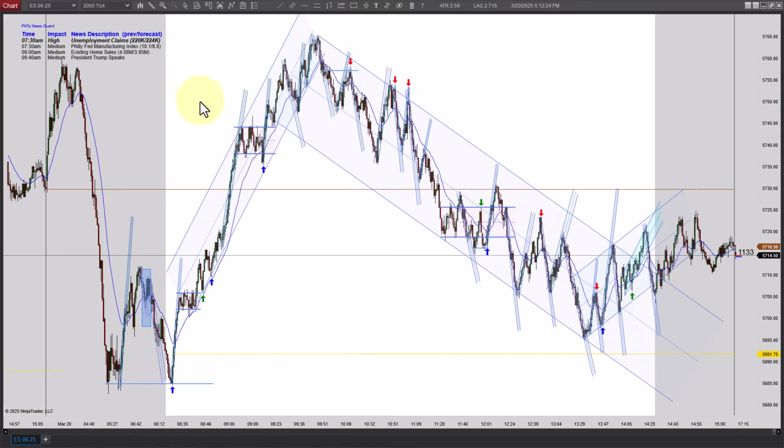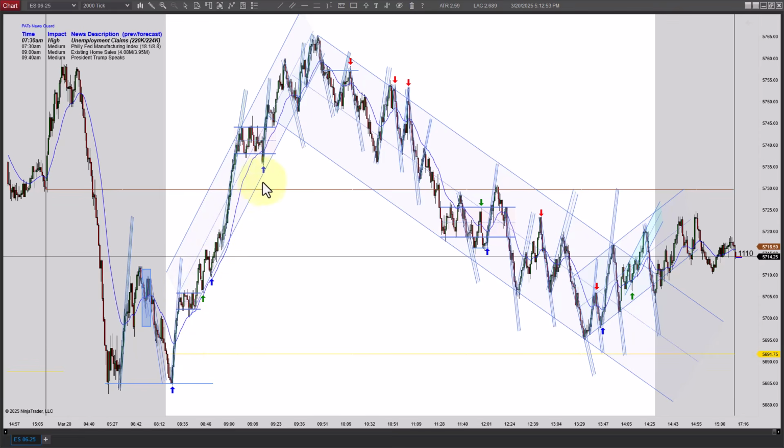Let's flip over, and here it is at a high level. You can see we had the big sell-off early during the overnight. Pretty much the whole overnight was a sell-off, and we had some news come out: the unemployment at 7:30. We also had some housing sales and things like that come out, but anyway, we rallied after that.